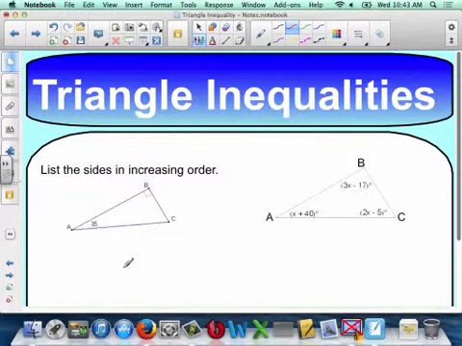Okay, so guys, if we look at triangle ABC, I've got 90 degrees at angle B, 35 at angle A. I don't know anything about angle C. How do you know that?